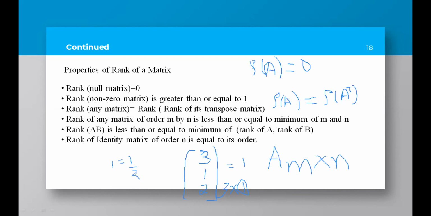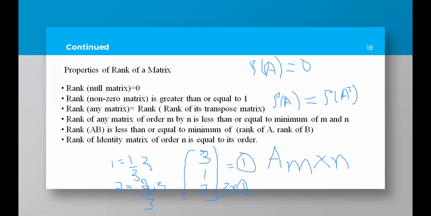Next, if you consider 2, we can write that as 2 by 3 into R1. So here the matrix is of order 3 by 1, the minimum value is the number of columns, that is 1, and the rank of the matrix is equal to 1.